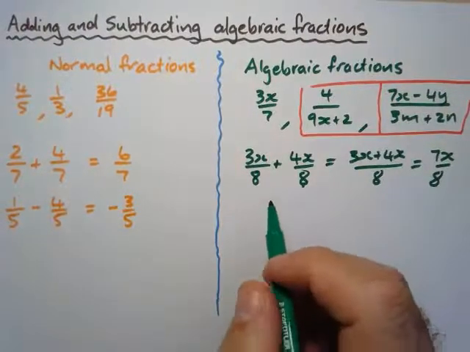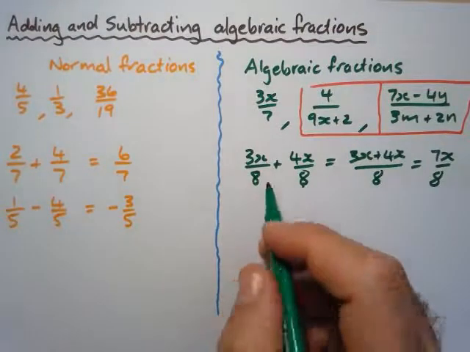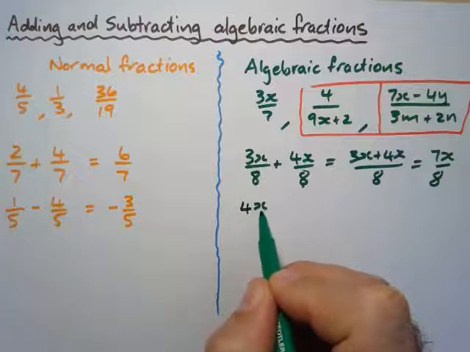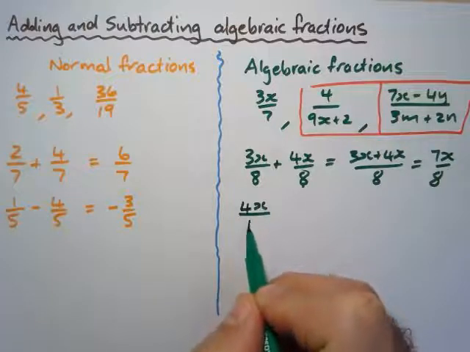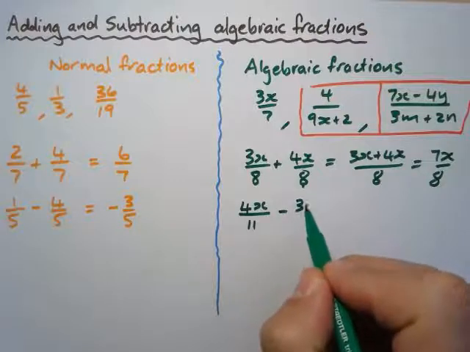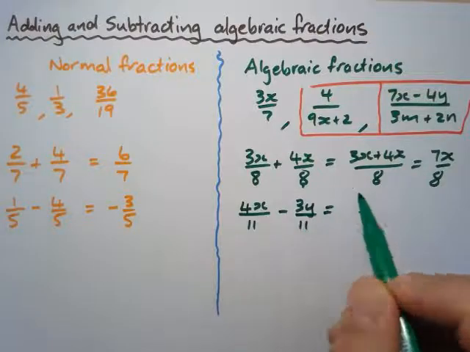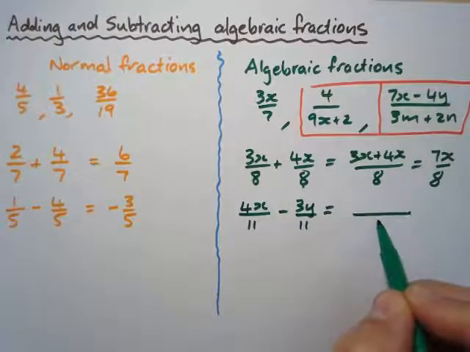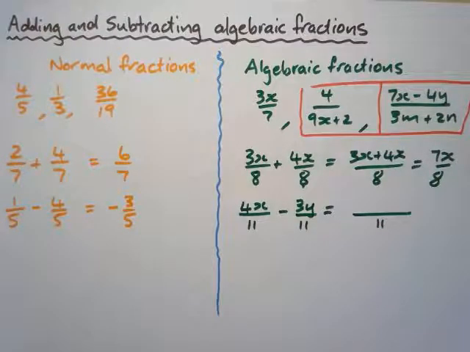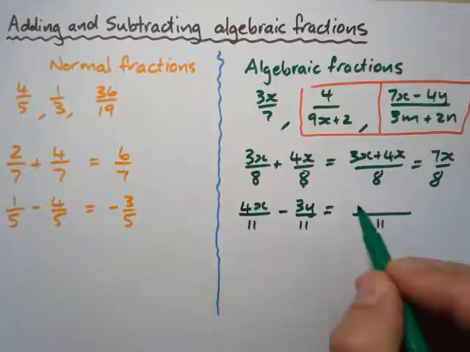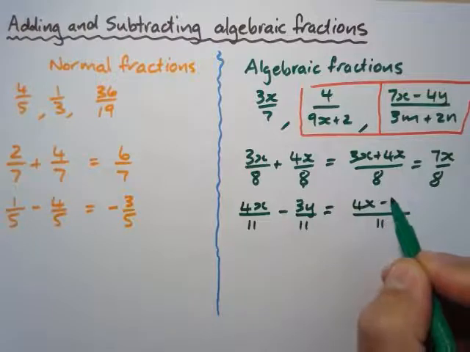The same thing happens here. If I have, let's say, 4x over 11 minus 3y over 11, my denominator is the same, so I can write them over 11, and then I just subtract the numerators, 4x take away 3y.